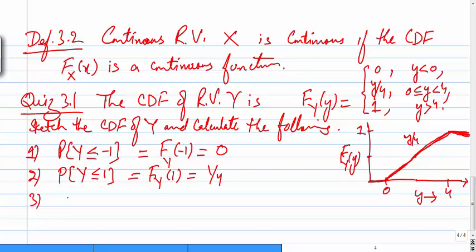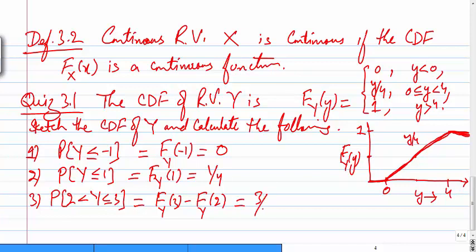Now the third one says calculate the probability that Y is between 2 and 3. We apply the theorem, and the theorem says that this is equal to F_Y of 3 minus F_Y of 2. Plugging in the values, it becomes 3 by 4 minus 2 by 4, so it becomes 1 by 4.